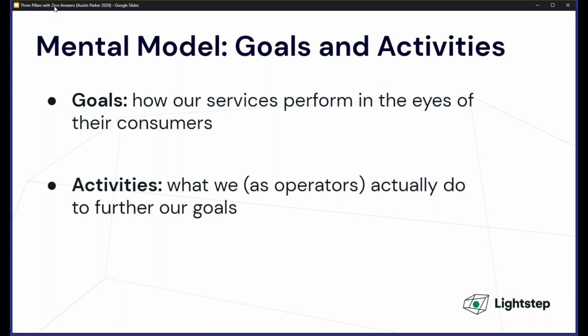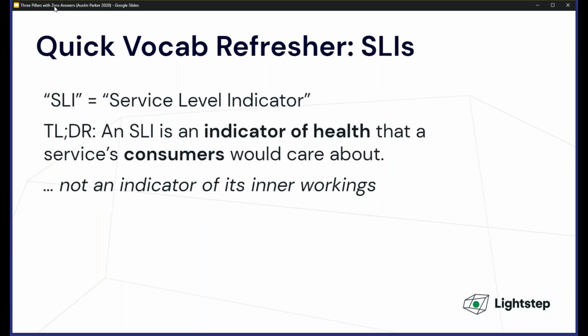Now, in service of those goals, there are certain activities that we need to take as people running distributed systems or providing monitoring services for engineers creating distributed systems. Those activities are central to achieving those goals. So we can divide observability into these two core pieces, goals and activities.